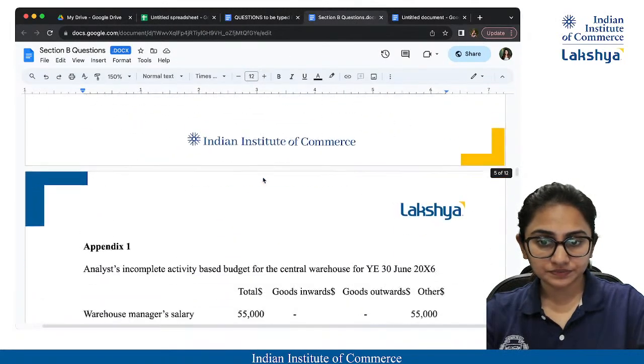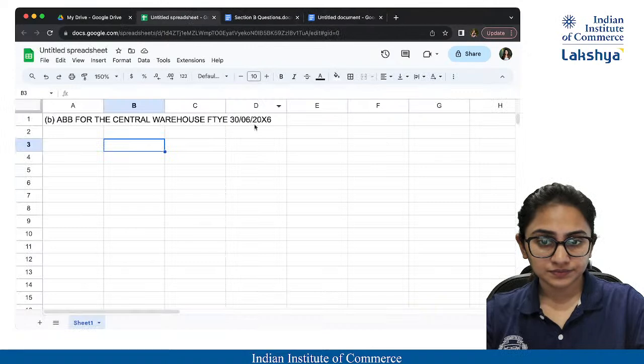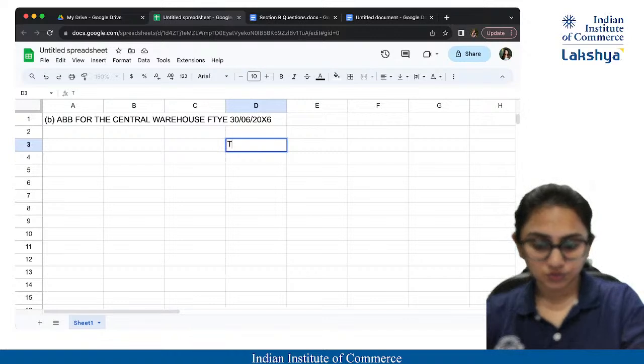This table: total, goods inward, goods outward, others.